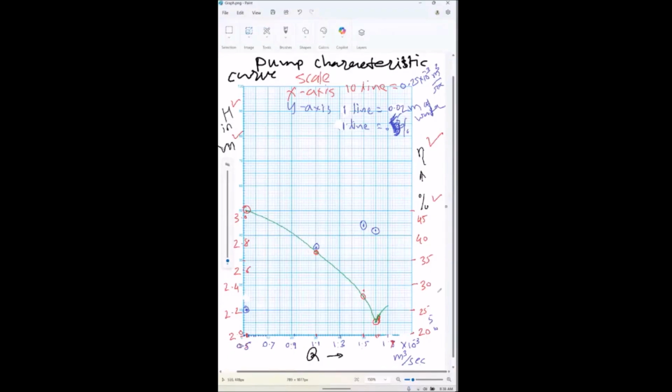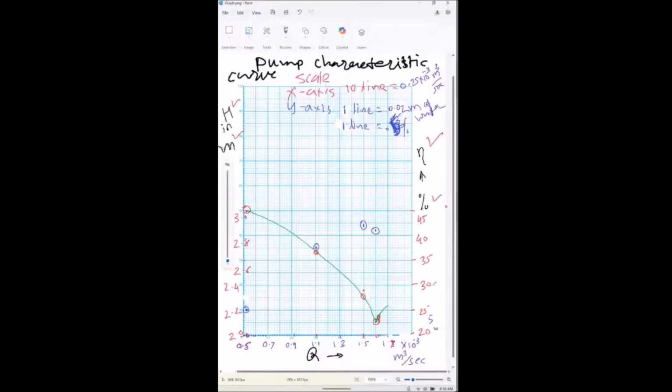Two lines is 1 for efficiency. And the last efficiency is 38, on the second line: 36, 37, 38. So this is the efficiency curve.